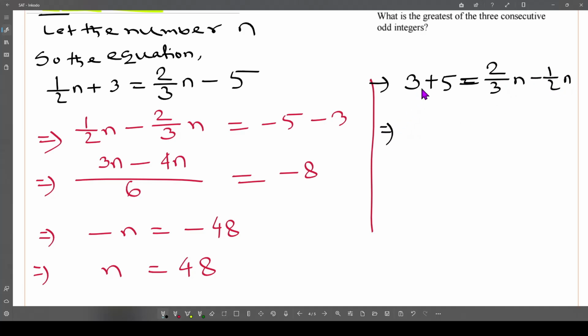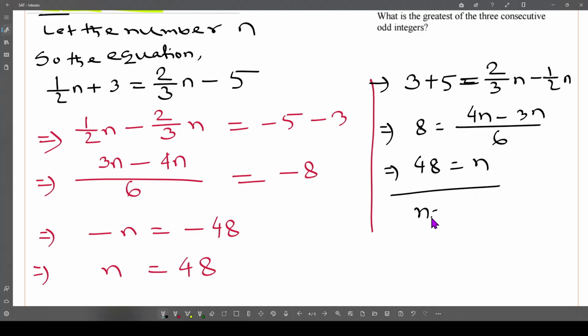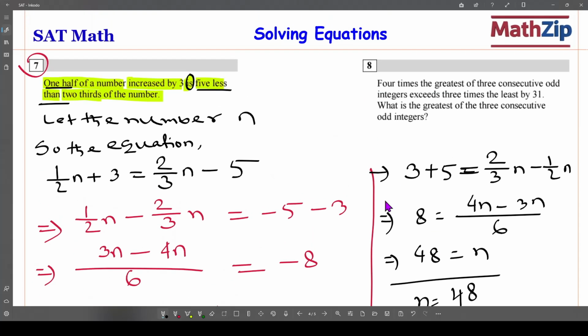So here 3 plus 5 is 8 and we can make LCM 6. So 6 by 3 is 2, 2 times 2 is 4n, and here is 3n. Now sorry, this is 8 not 48. Now cross multiplication, this is 48 and 4n minus 3n is n, so it is the same answer. Okay, so number 7 done.